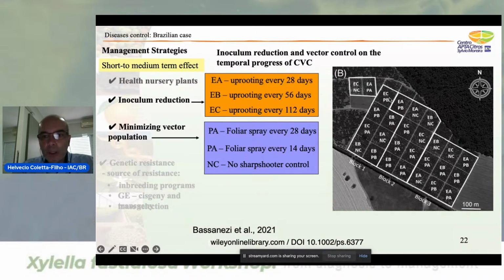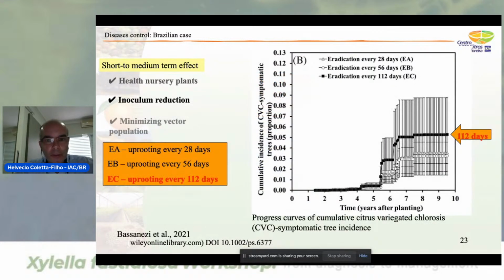In the field, they set up blocks of plants using uprooting at different frequencies, and also foliar sprays against the vectors, and of course one block with no vector control. Summarizing the results, with later uprooting, the disease incidence was higher compared with uprooting at shorter intervals. So later uprooting was directly related to a higher incidence of the disease.